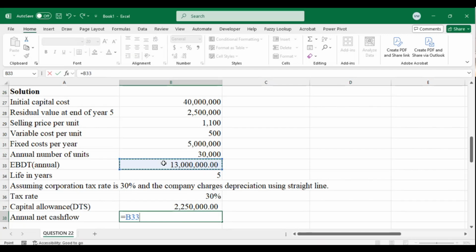I know the corporation tax rate is 30%. So I'll take that earnings, I multiply by open bracket. You must always use the multiplication sign, 1 minus the tax rate, which is 30%. Then you close the bracket.